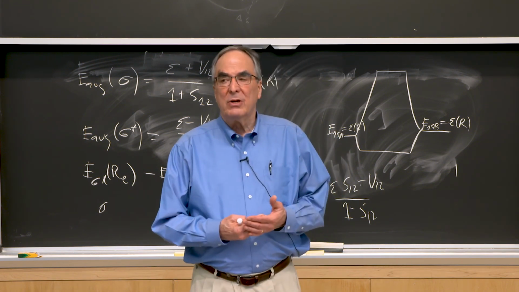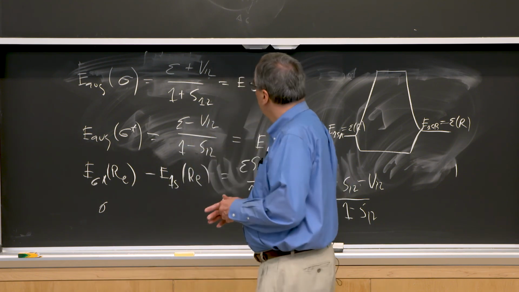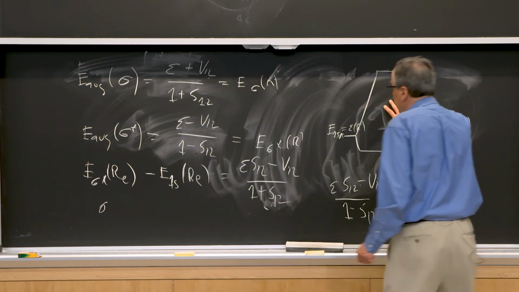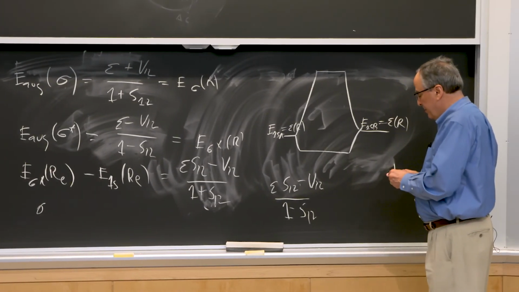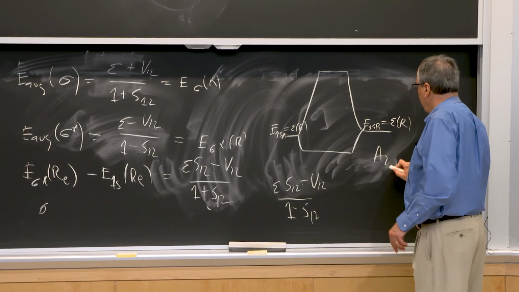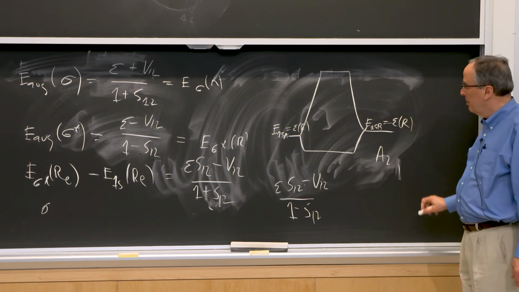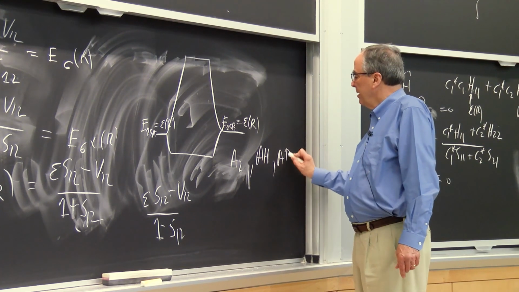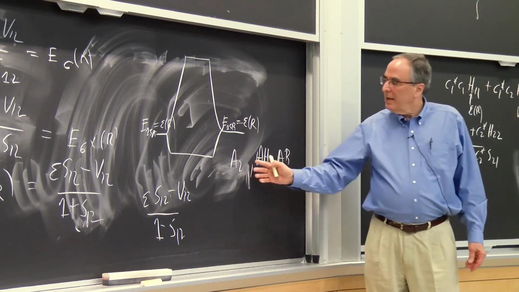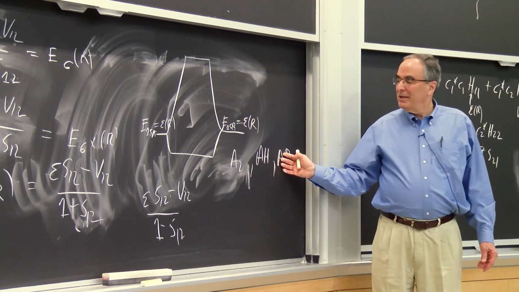In the next lecture, we're going to use molecular orbital diagrams like this to describe a series of examples: homonuclear diatomic molecules, heteronuclear AH, and AB. H is special, and this is more general.